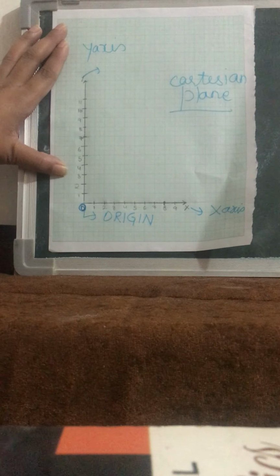Now if it is said that you have to plot a point, I'll be plotting it here, and this region, children, which is enclosed between the two axes, is known as the Cartesian plane. This is known as the Cartesian plane, C-A-R-T-E-S-I-A-N plane. We will do this again on the board, okay?